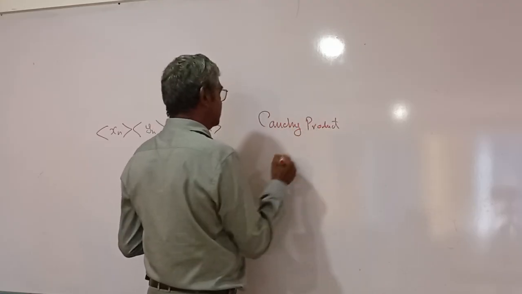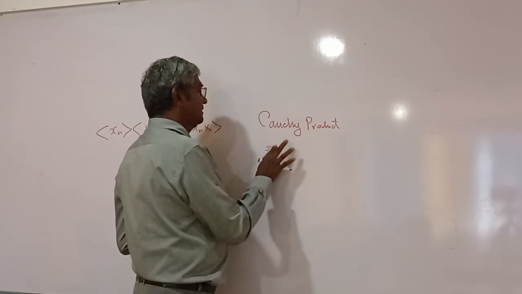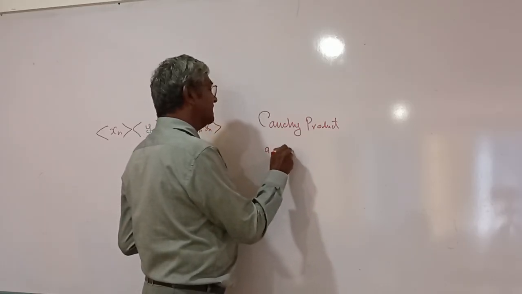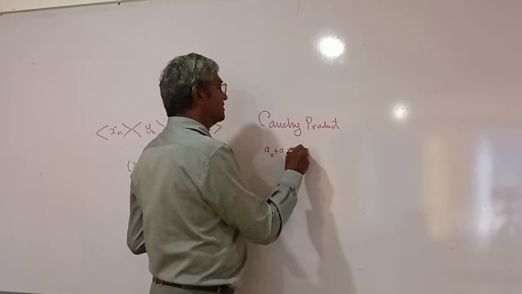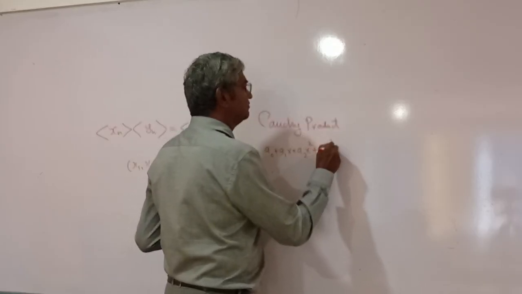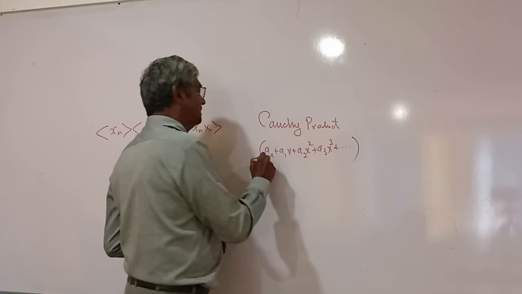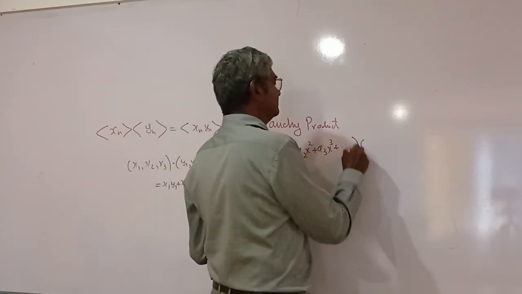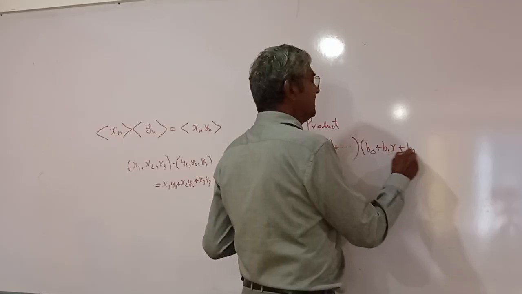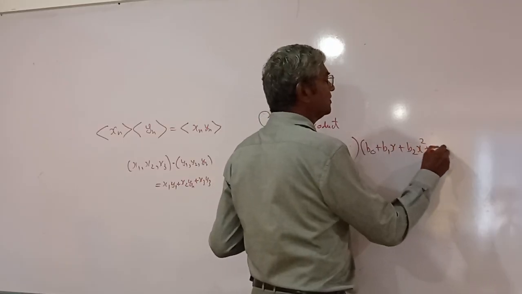The Cauchy product is like this. Suppose you have a0 plus a1 x plus a2 x squared plus a3 x cubed and so on, times b0 plus b1 x plus b2 x squared plus b3 x cubed and so on.